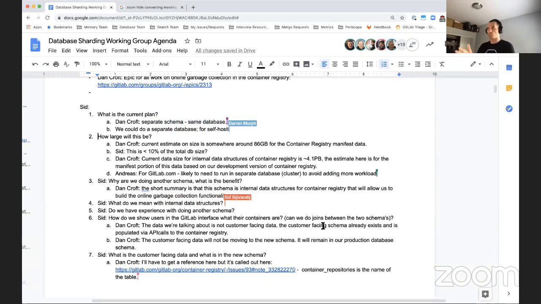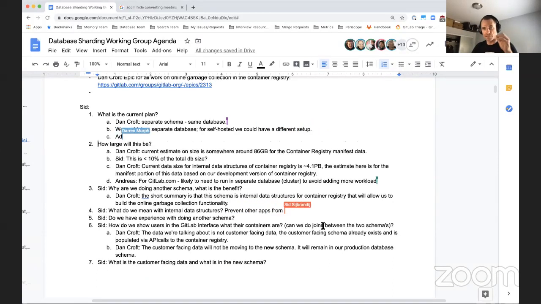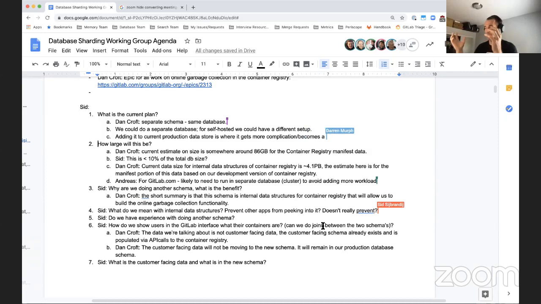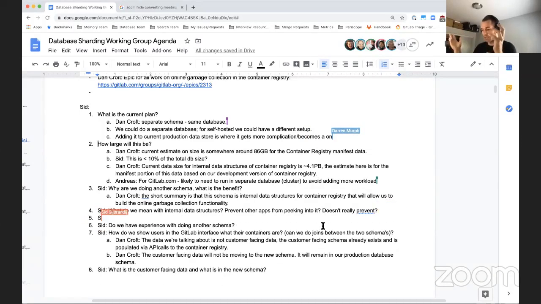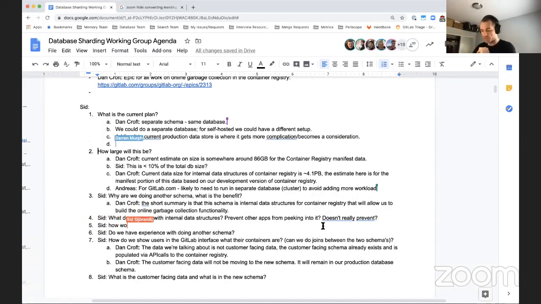I think the line where it becomes a more difficult technical implementation is adding it to the current production data store and the same schema owned by the Rails code. At that point, it becomes a consideration, but I don't believe having a separate schema in the same database would prevent us from implementing as we need to from a technical standpoint, nor would it impact our ability to have connections across our stages, which I know is very important.